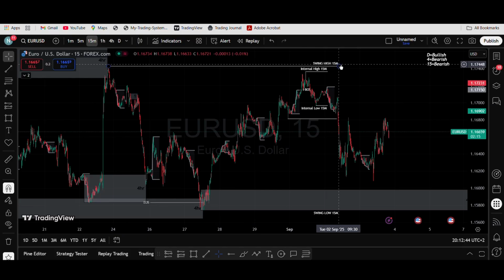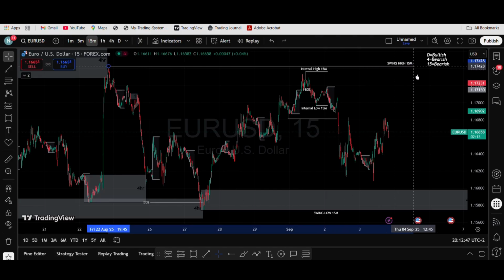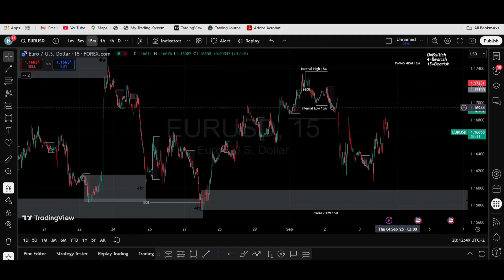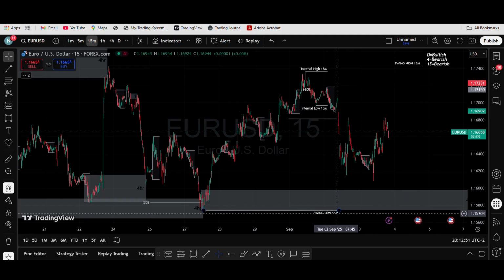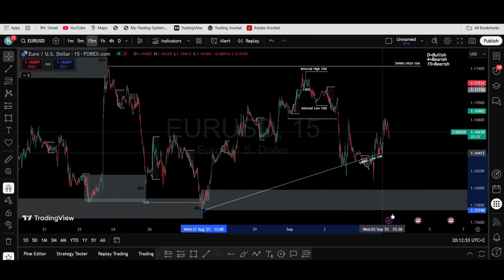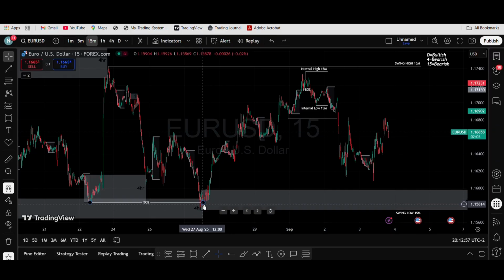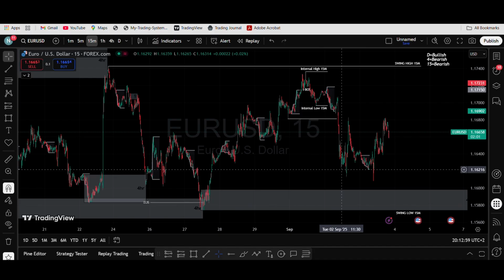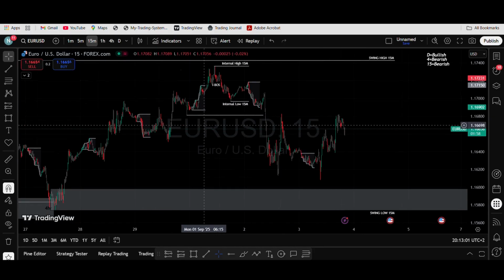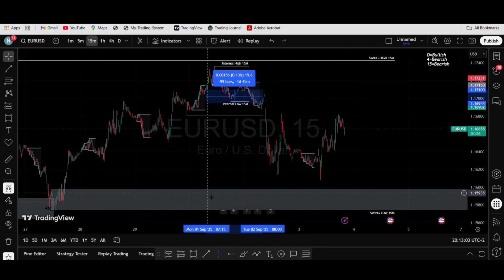It's failing to break out of its own M15. Okay, wait, M15 looks a little bit better because technically we have a break here. Even though it's tiny, but technically we have a break, man. And then the internal is clearly bearish.